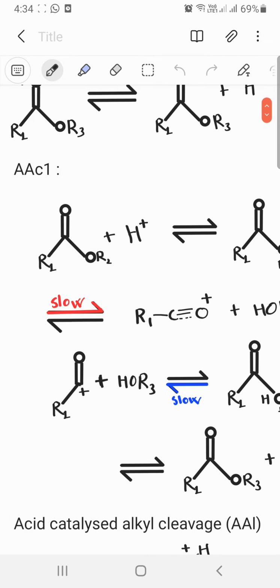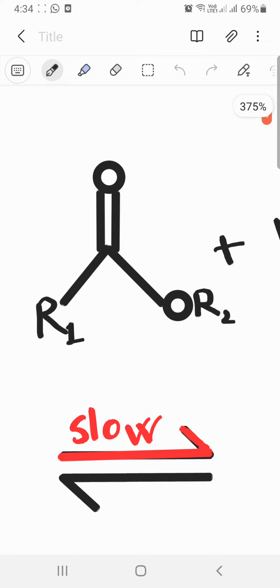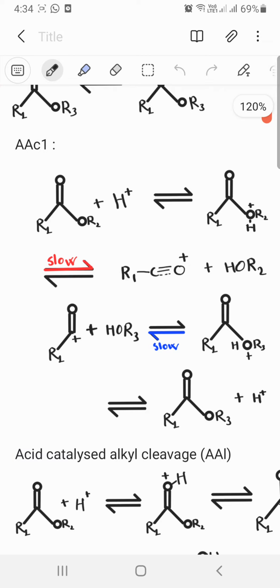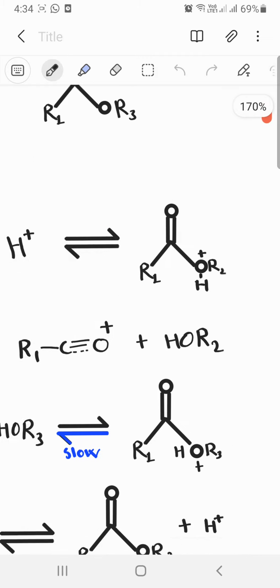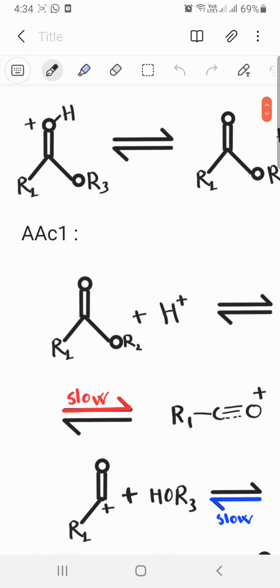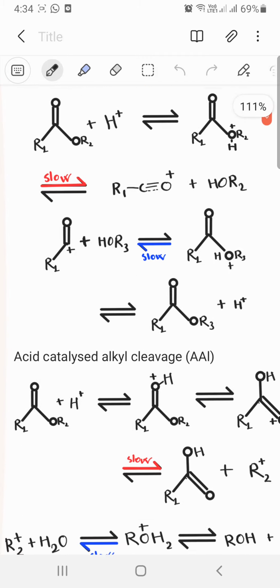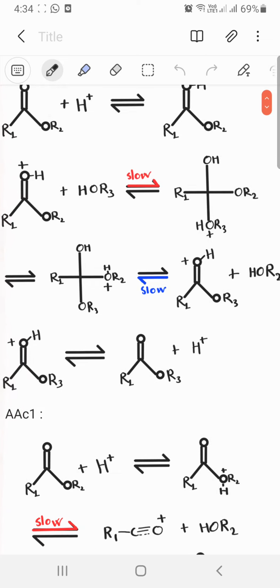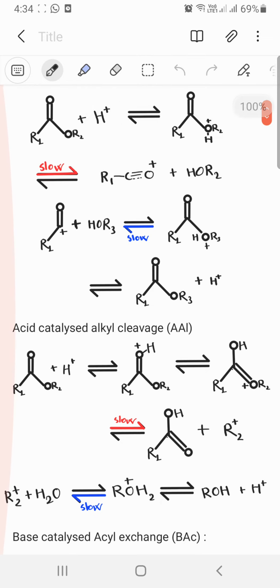So in this case this would be the slow step, and just have the original ester basically hydrolyzing, right? So in that case this rate would just be dependent on the concentration of the original ester. Yes, that looks correct.